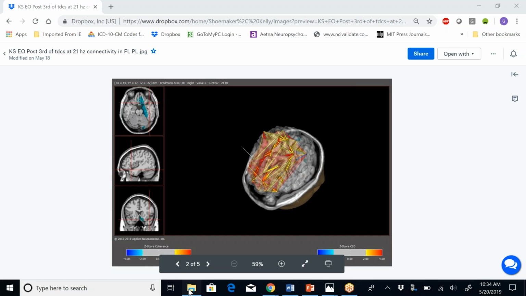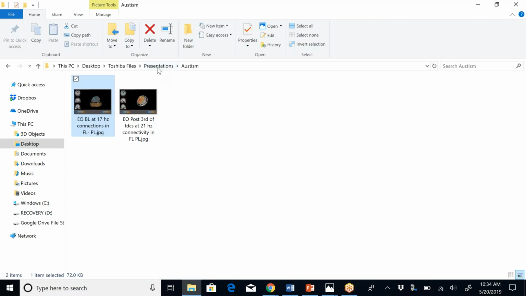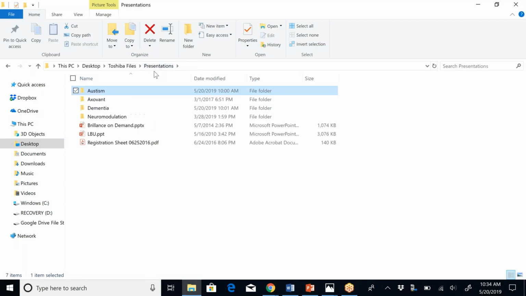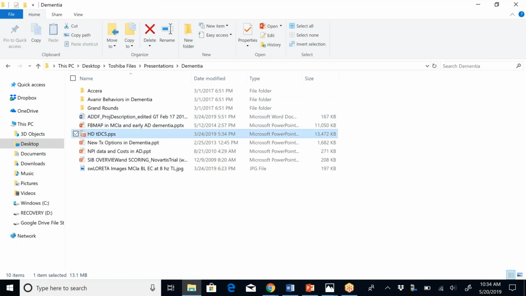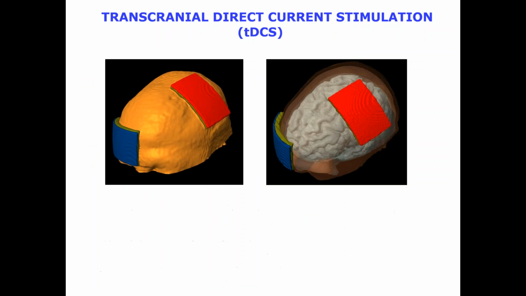Let me just pull up this other slide here. So these non-invasive, these are kind of some older non-invasive.